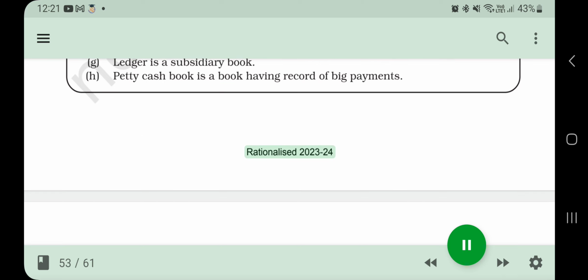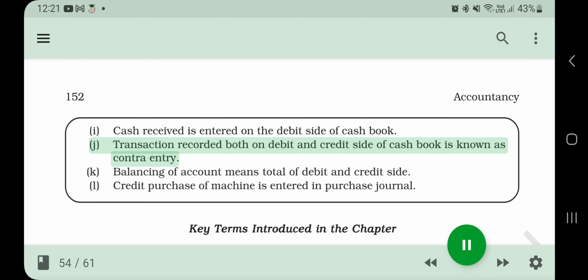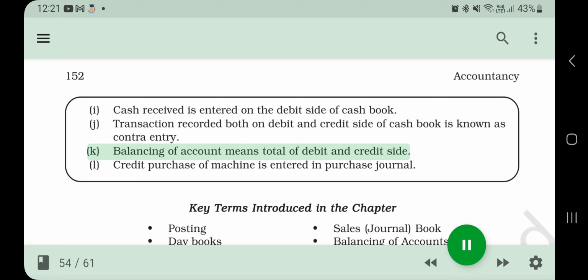Rationalized 2023-24, 152 Accountancy. I. Cash received is entered on the debit side of cash book. J. Transaction recorded both on debit and credit side of cash book is known as contra entry. K. Balancing of account means total of debit and credit side.